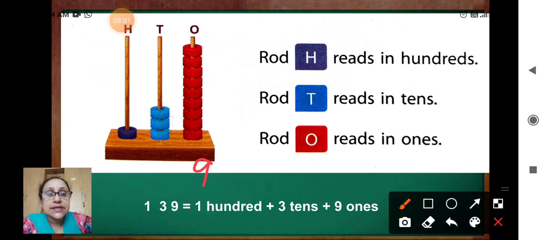In ones place there are 9 beads. Then come to the tens place. Yes, 1, 2, 3. There are 3 beads. And in the hundreds place there is 1. So 139 equal to, we can write like this, 100 plus 3 tens, it makes 30, plus 9 ones, 139. Okay?